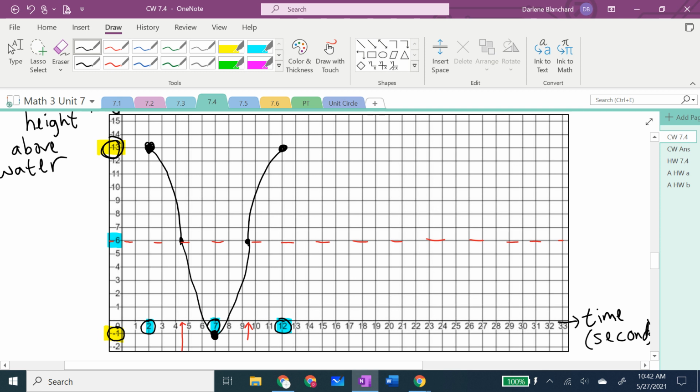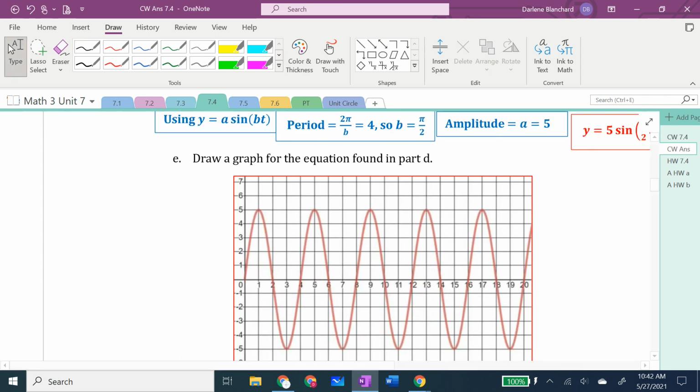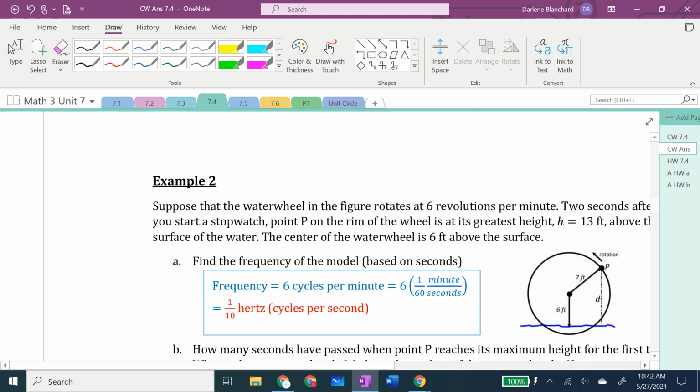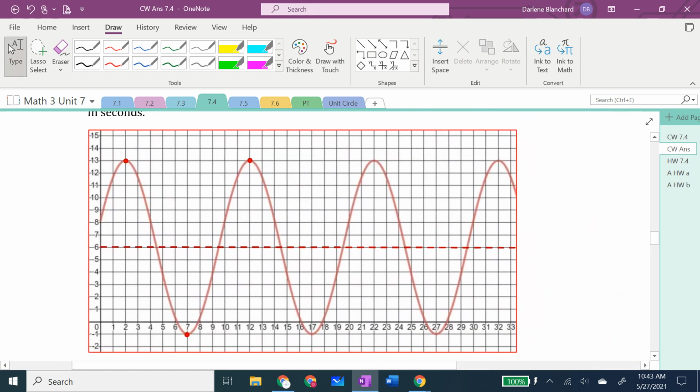And then I can plot more points based on just continuing this pattern. And then it should look like that.